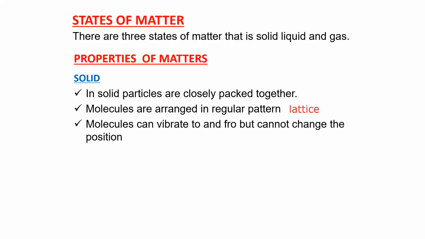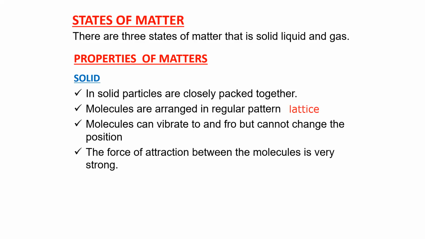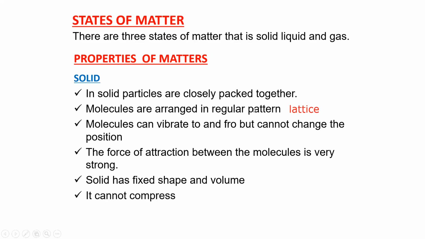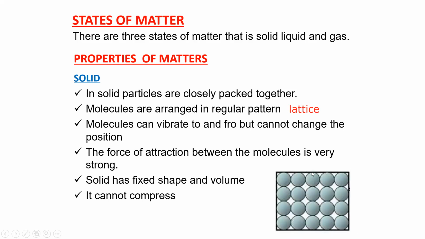The molecules can vibrate about a fixed position, but they cannot change position, and the force of attraction between the molecules is very strong. Solids have a fixed shape and a fixed volume. A solid cannot be compressed because the particles are already close to each other, so we cannot further reduce the size. And this is how the internal structure of a solid appears to be.